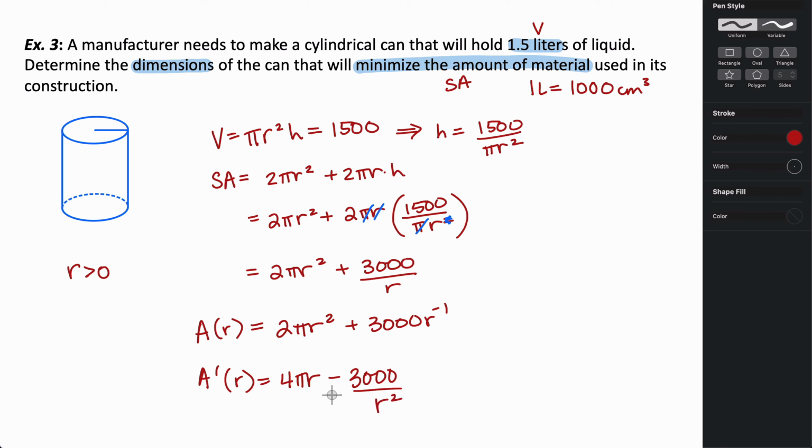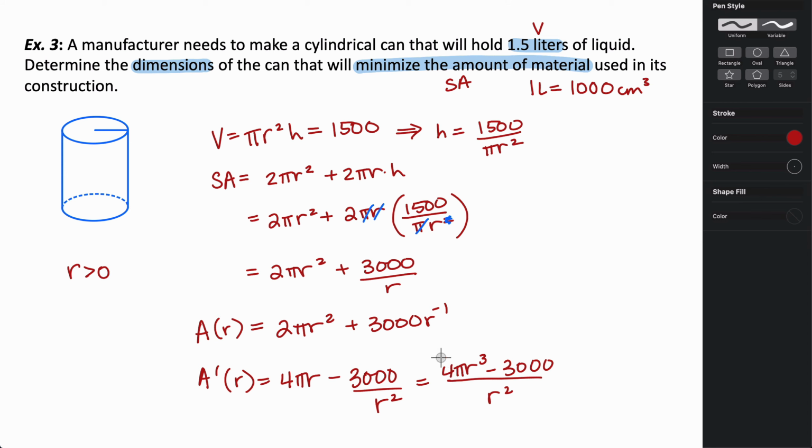And we want to know where this is 0. Before we can do that, we need to get a common denominator here. So we have to multiply this one by r squared on top and bottom. So we're going to get 4 pi r cubed minus 3,000 divided by r squared. Now, we want to know where this is 0, so we want to make the numerator 0.